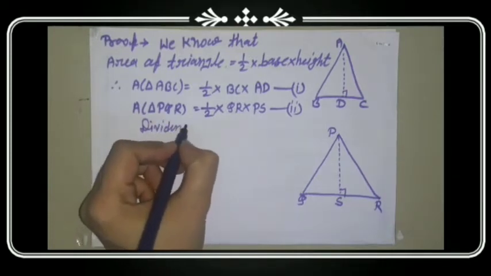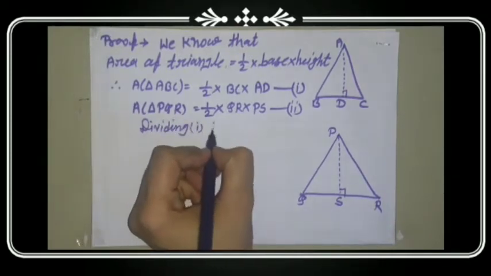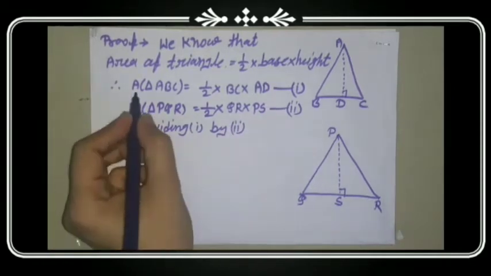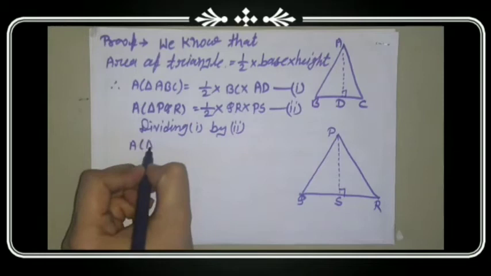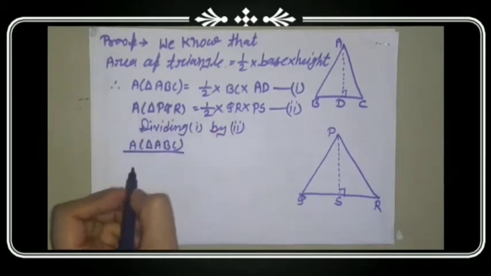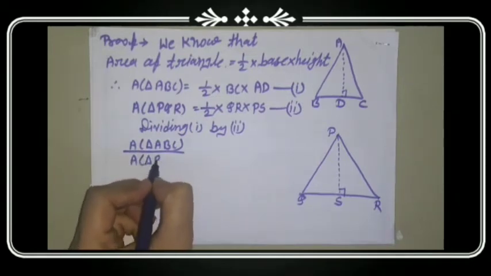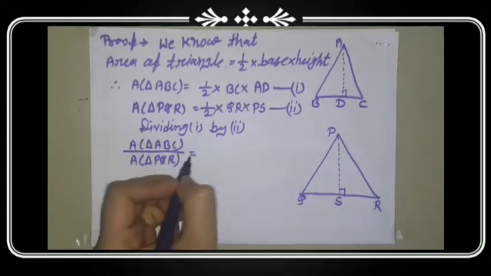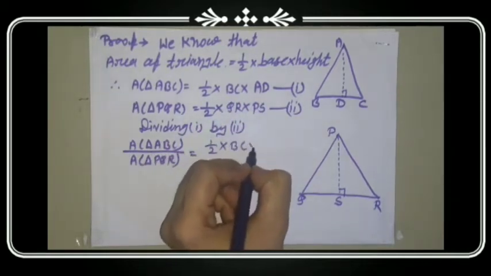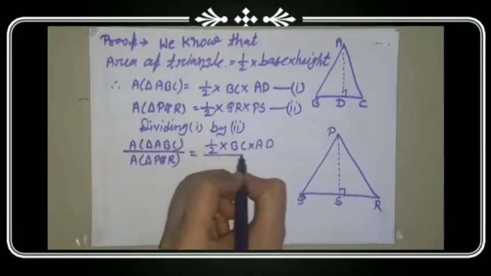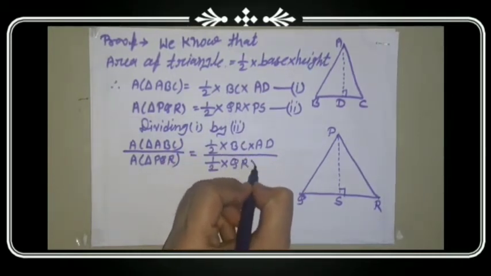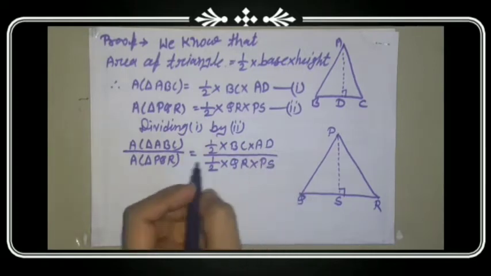Dividing equation first by equation second, area of triangle ABC divided by area of triangle PQR equal to half into BC into AD divided by half into QR into PS.